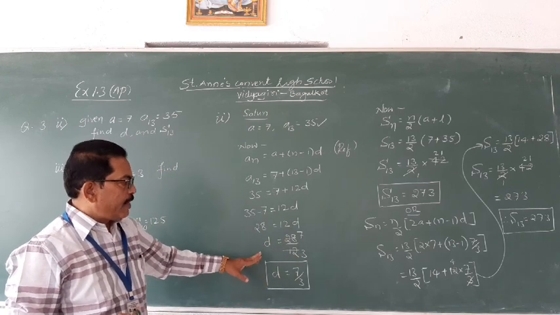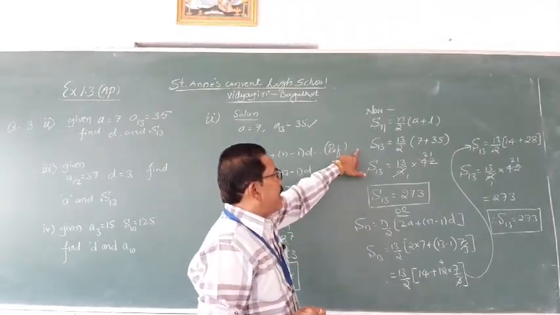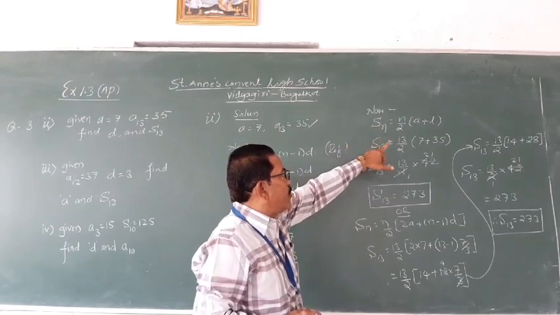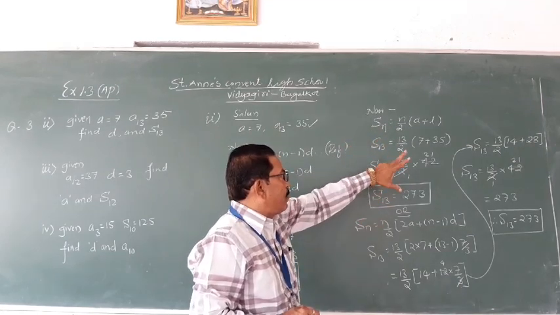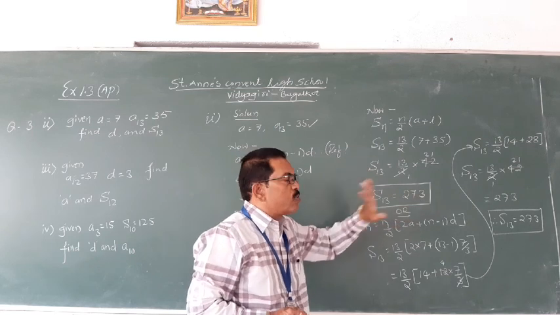Then this value d equals 7 by 3 has been substituted in this formula, Sn equals n by 2, that is 7 plus 35. After simplification we got S13 equals 273.